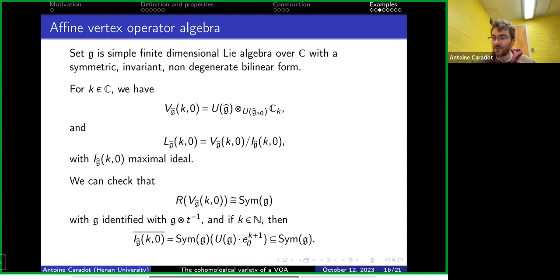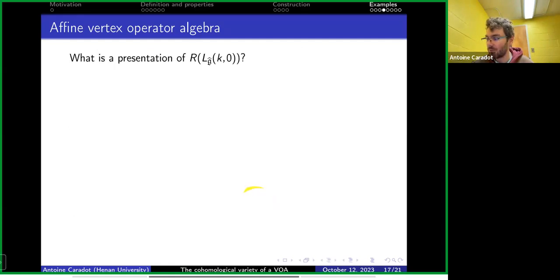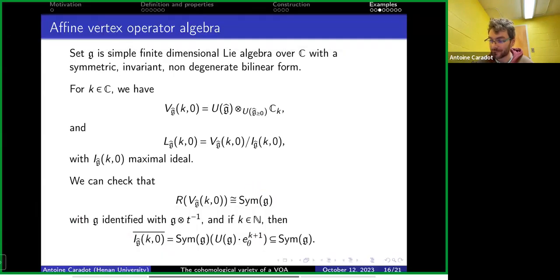So if you start with this, then we already know that the C2 algebra of this universal VOA is going to be the symmetric algebra of G, where you identify G and G times t to the minus 1 in this space.